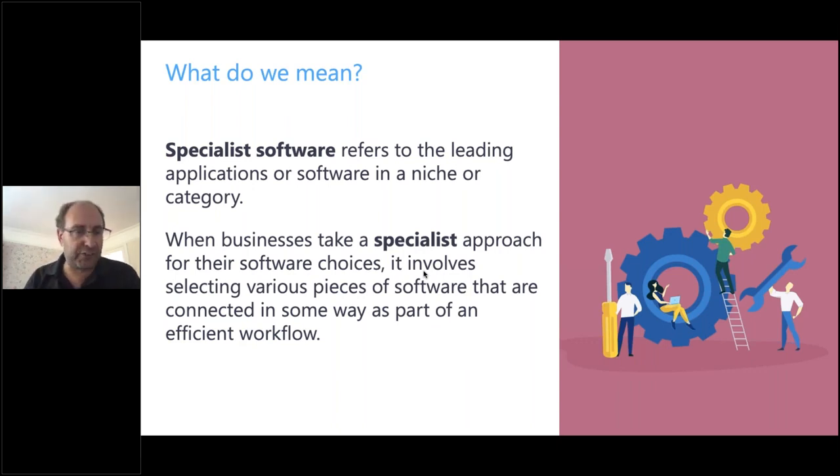You might refer to it as best of breed approach to software, but the whole point of this session today is to show you how technology's moved on in such a way that we can now pick products that are specialist in what they do. So we don't have this situation where you're using software as part of a suite and certain bits are better than the other. It's about you having the right bits of technology to deliver the best value for you as a business and the best experiences for your clients at the same time.